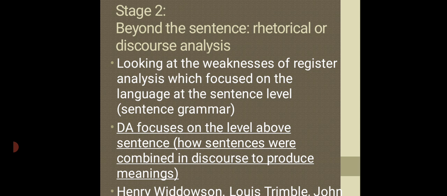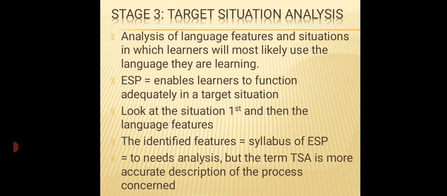However, in DA, this second stage, we focus on the level above the sentence: how sentences were combined in discourse to produce meanings. So not only one sentence, but how one sentence and other sentences can create more meanings.